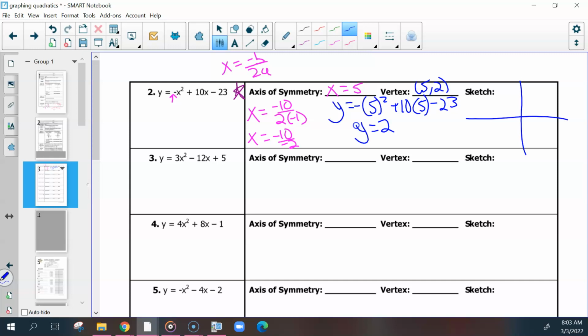Axis of symmetry is now at 5, so it's going to be a vertical line at 5, with your vertex at 5, 2. 5, 2 would be somewhere up here. This a value is negative, so this is going to face down.